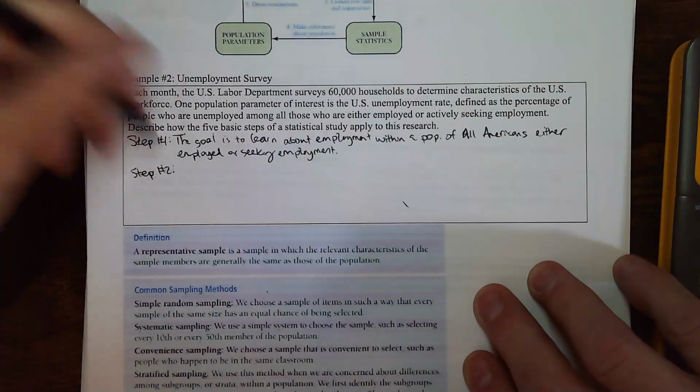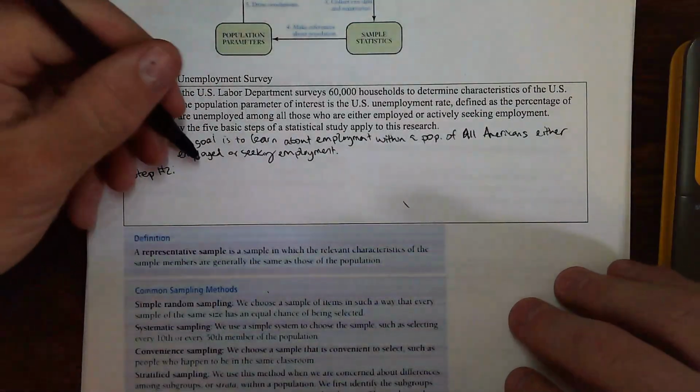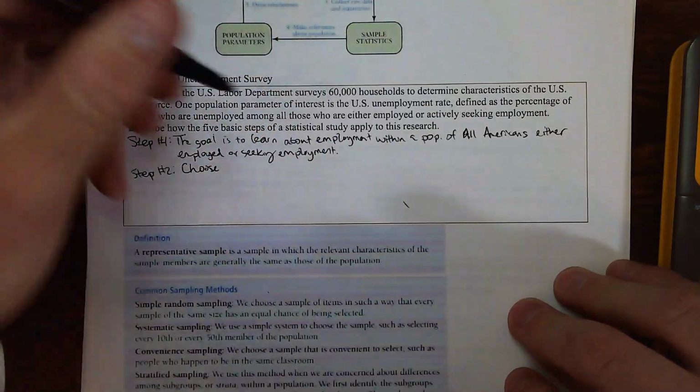Step two is to choose representative samples. So I've got to collect a sample. So we've got to choose, and it surveys 60,000 households.